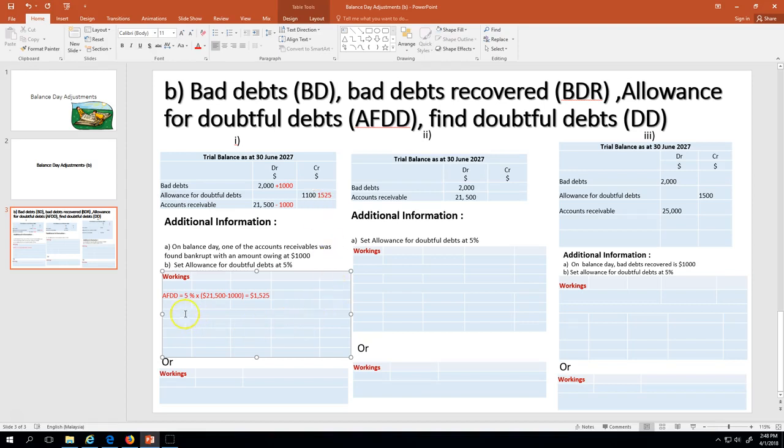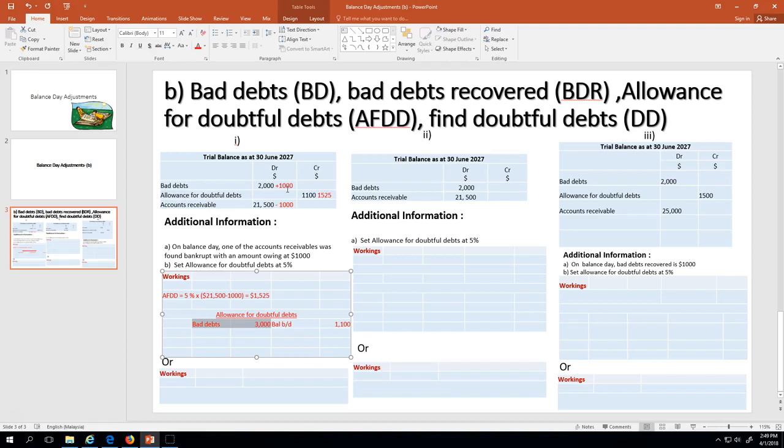So what we do here is we open the AFDD account, and we begin with balance BD first, and then followed by the transfer of our bad debts over here on the credit. How do we transfer bad debts to AFDD? Bad debts is 3,000, 2,000 plus 1,000.